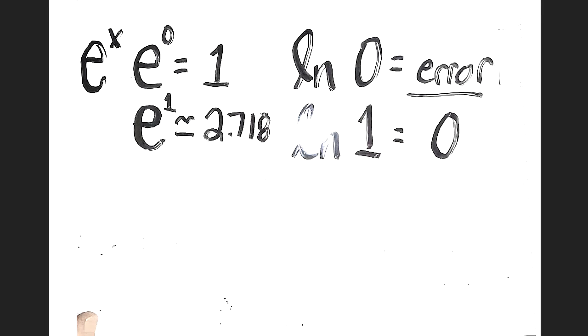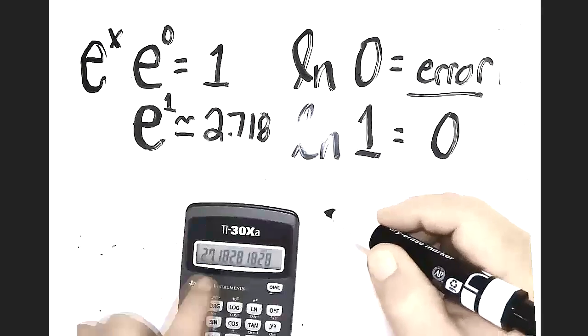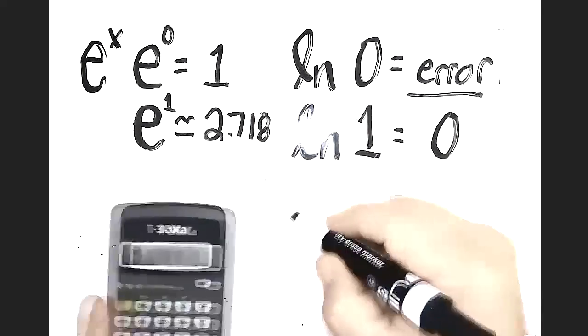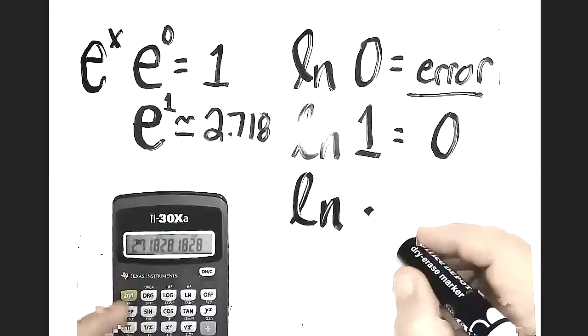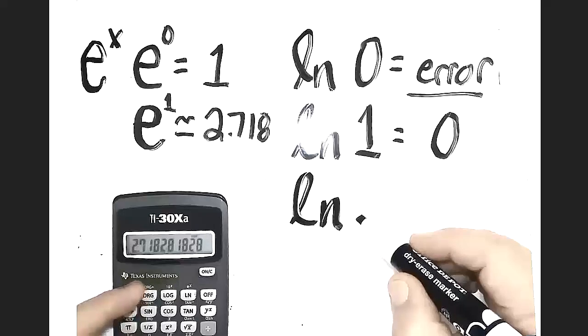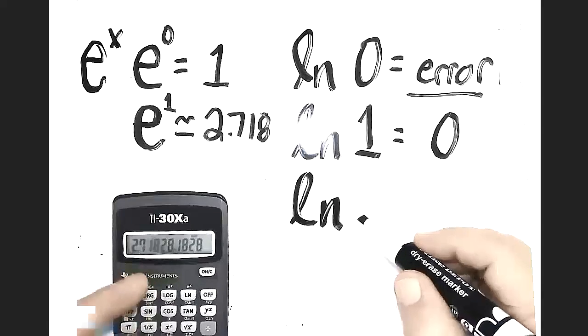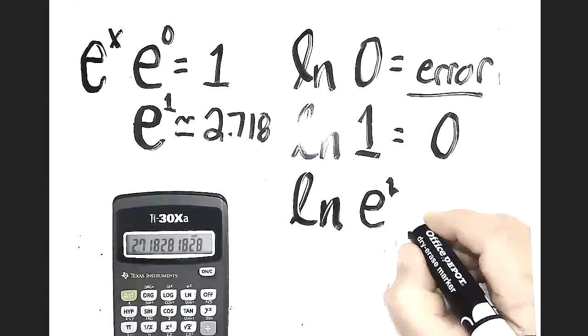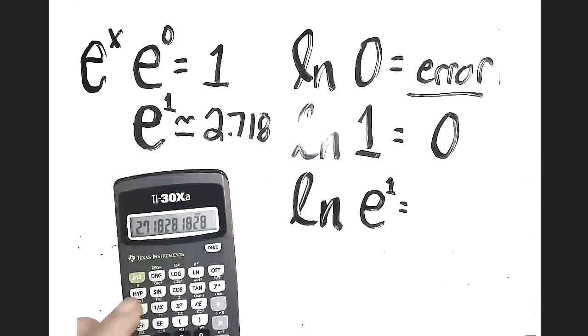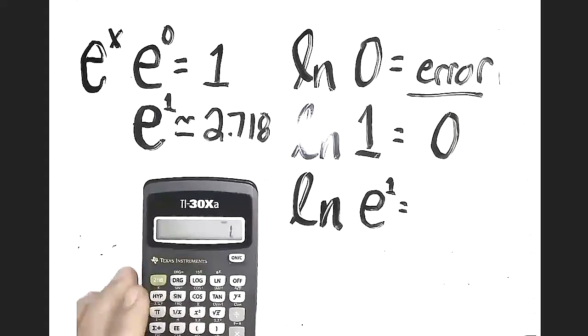Okay, now you may say, I don't see a mirror for that. But let's say we just take this number right here, and we're going to take the natural log of 2.718. Or actually, we're going to take the natural log just of e to the 1 power. Watch this. Just 1.